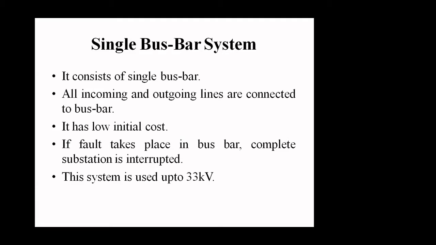If there is a fault in this bus bar, then complete substation is interrupted. So we need to shut down the complete substation, and all the outgoing lines are interrupted. That's why the single bus bar system is used up to only 33 kV.